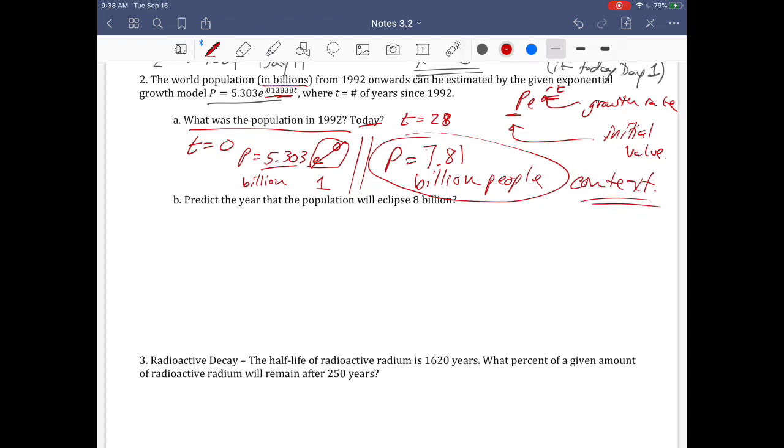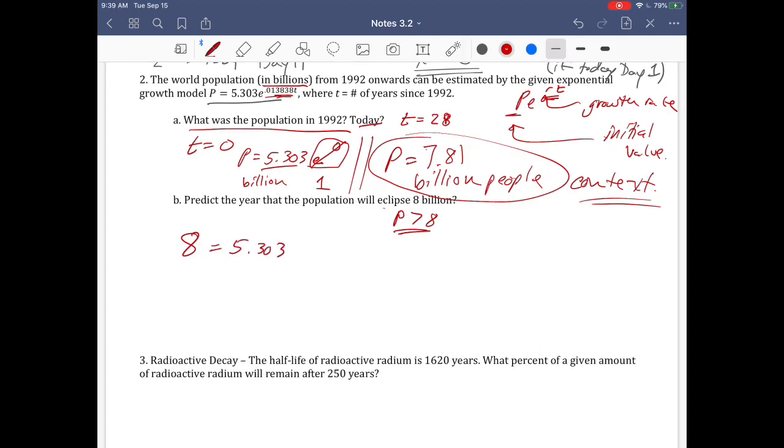Now we're going to predict the year that the population will eclipse, will be more than 8 billion. So in order to do that, we have to set P equal to 8. So we want the first year that P is greater than 8. So what we can do is plug in P equals 8, find out what t value gets that, and go from there.